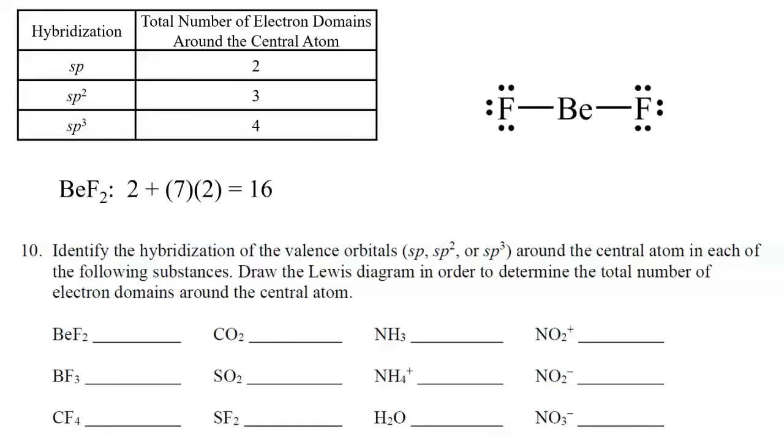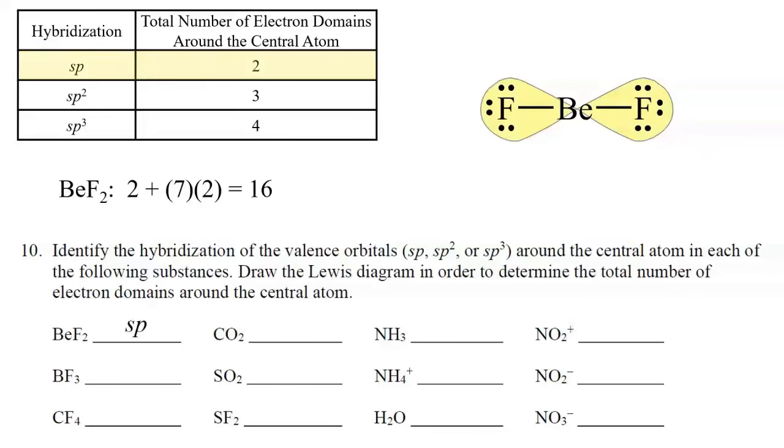It's going to have 2 single bonds, an exception to the octet rule, and we can use formal charges to explain why beryllium will have less than an octet, very similar to the pattern with boron trifluoride. And so now that we know that there are 2 electron domains, that would correspond to sp hybridization.